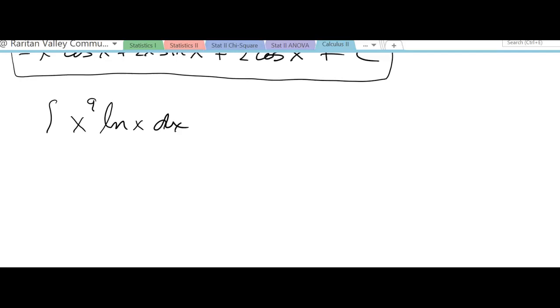We don't want to do that. So hopefully you're starting to recognize now that whenever I have an ln x, let's just let u equal ln x. And then my dv becomes x to the 9th dx. Okay? Again, if you do it the other way, all sorts of crazy stuff will happen.